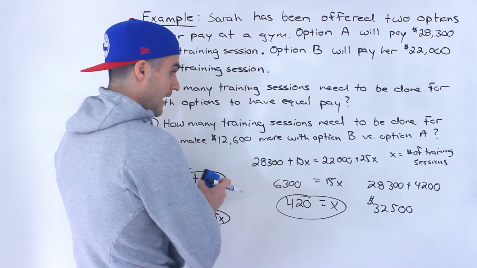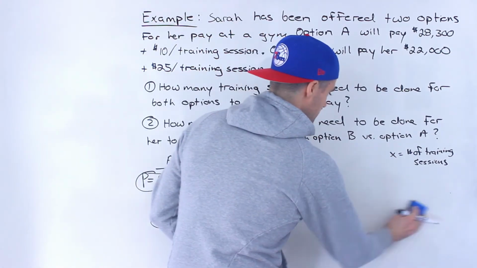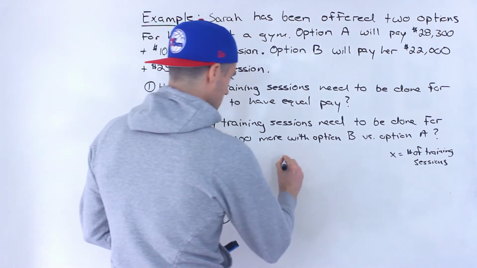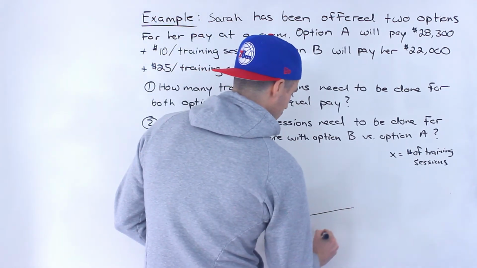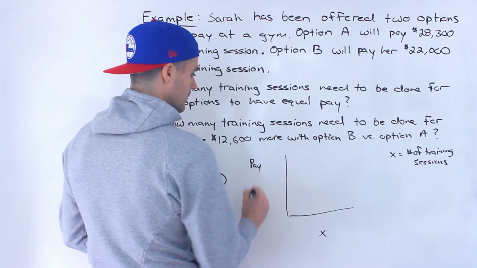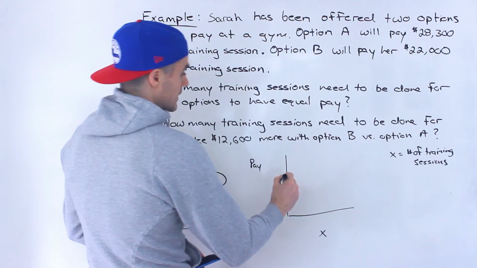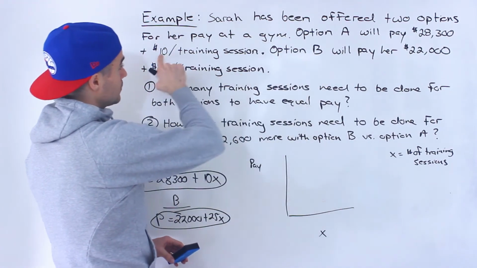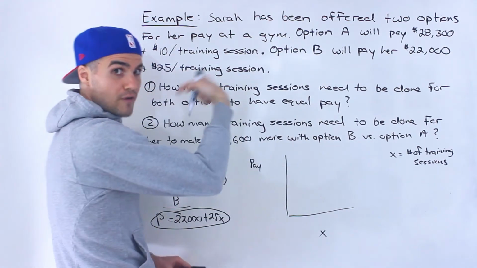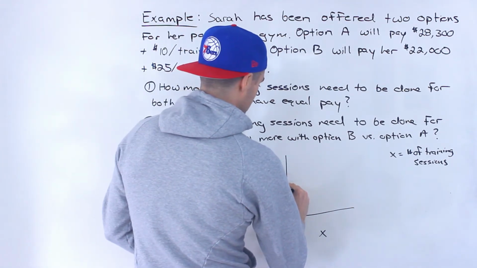Now, how this looks graphically, by the way, just to expand on this. Let's say we've got x here, which is the number of training sessions, and then we have pay. Option A starts at a higher base salary, but has a lower variable pay. So let's say it starts up here.